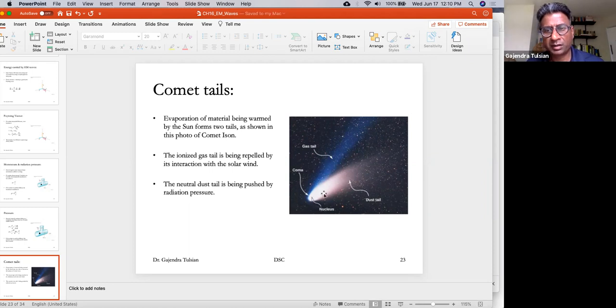The dust tail is always radially outward from the sun. Because of the magnetic fields, the solar wind gets redirected, so the gas tail is not pointing away from the sun, but the dust tail always is. So the neutral dust tail is being pushed by the radiation pressure.